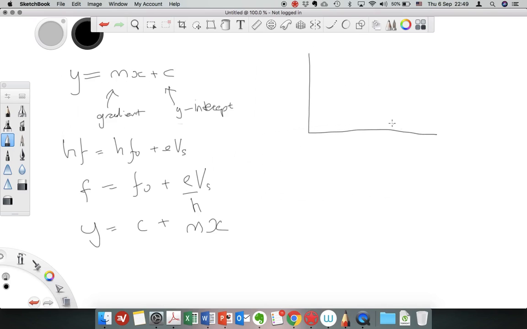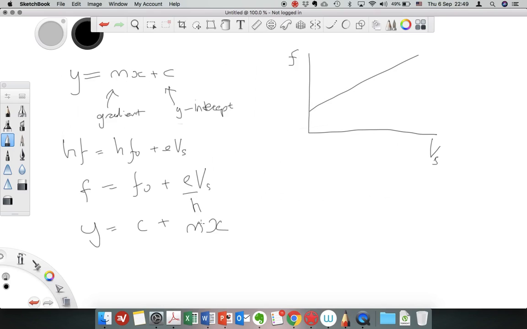What that means is if y is f, the frequency, and Vs is on the x-axis, then we will have a straight line graph because it follows the equation, looking something like that.